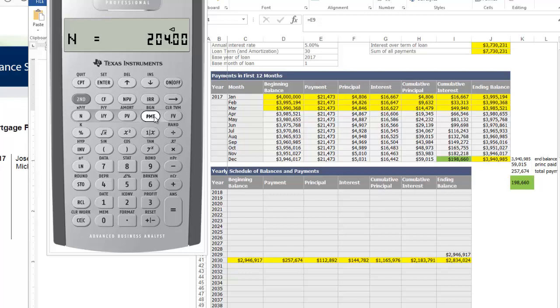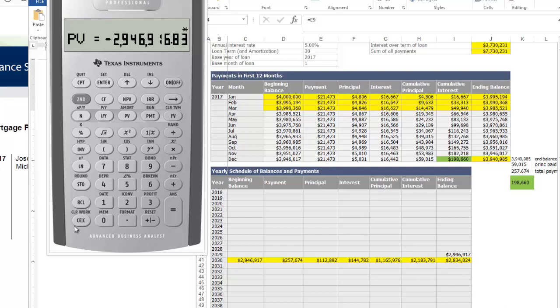So recall that payment's in there, and discount at the contract rate of interest. My interest is already in there. And my future value is 0. So at this point, all I have to do is compute present value, and that's going to give me the outstanding mortgage balance. So the 2.946 here is exactly what we computed right here.